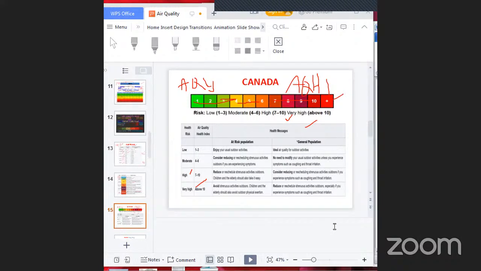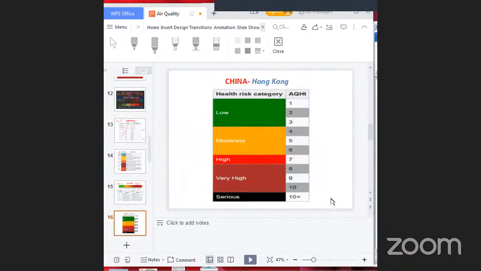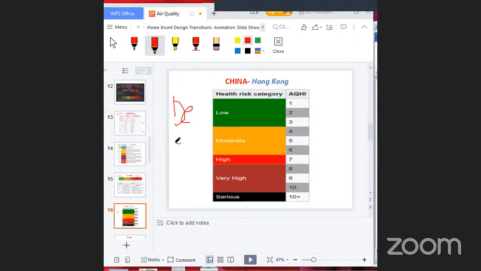And next we are going to China, Hong Kong. On December 30, in the year 2013, Hong Kong replaced the Air Pollution Index, API, with a new index called the Air Quality Health Index, AQHI.